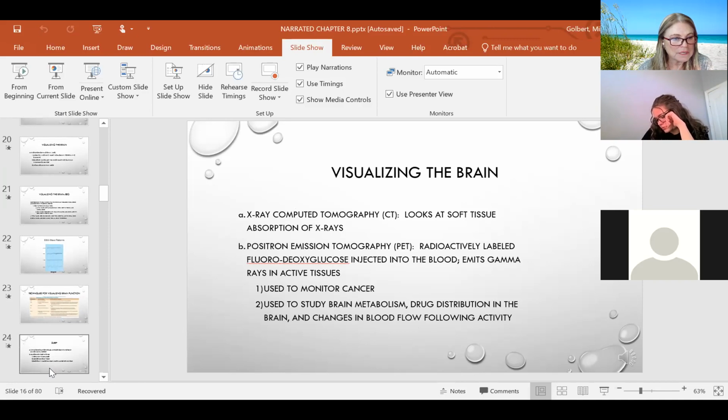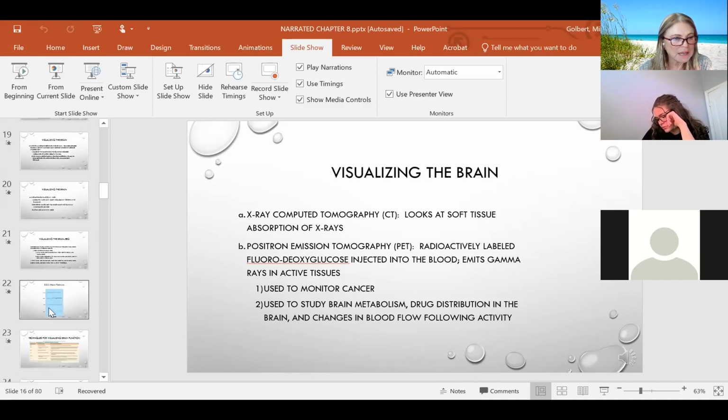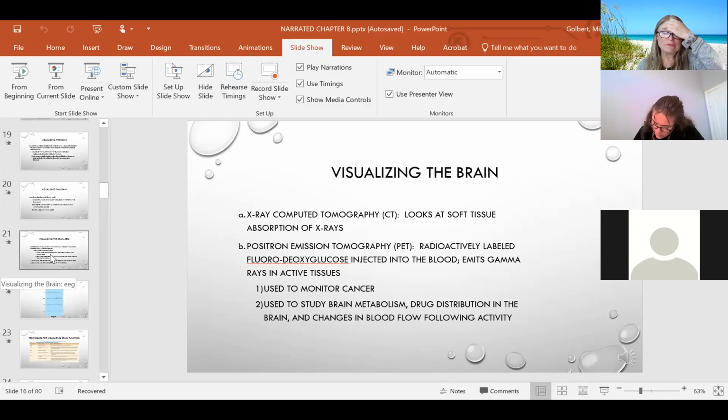The other good thing about this chapter that I like, of course, we have different techniques for visualizing the brain. By the way, the brain is one of the least known organs in your body. So even though there's a lot of studies, people keep learning about the brain, right?